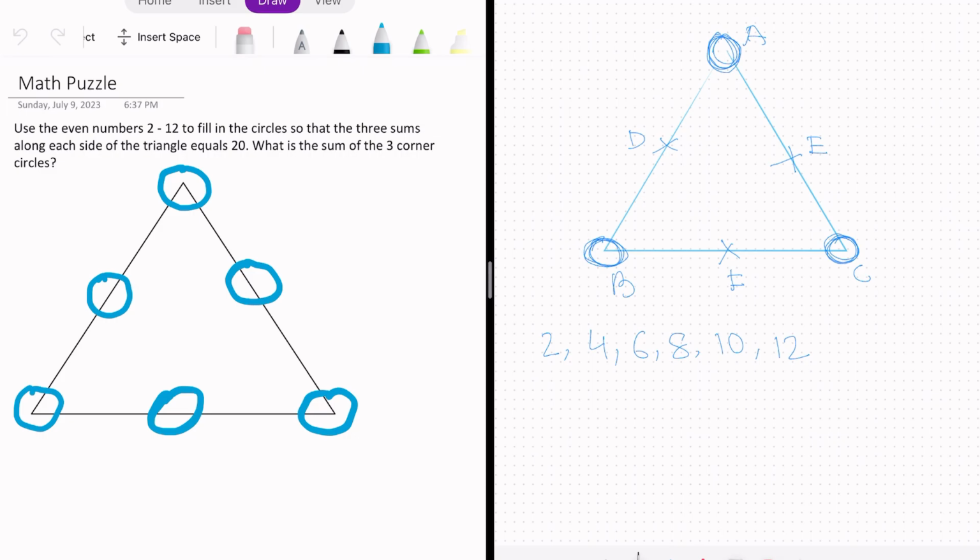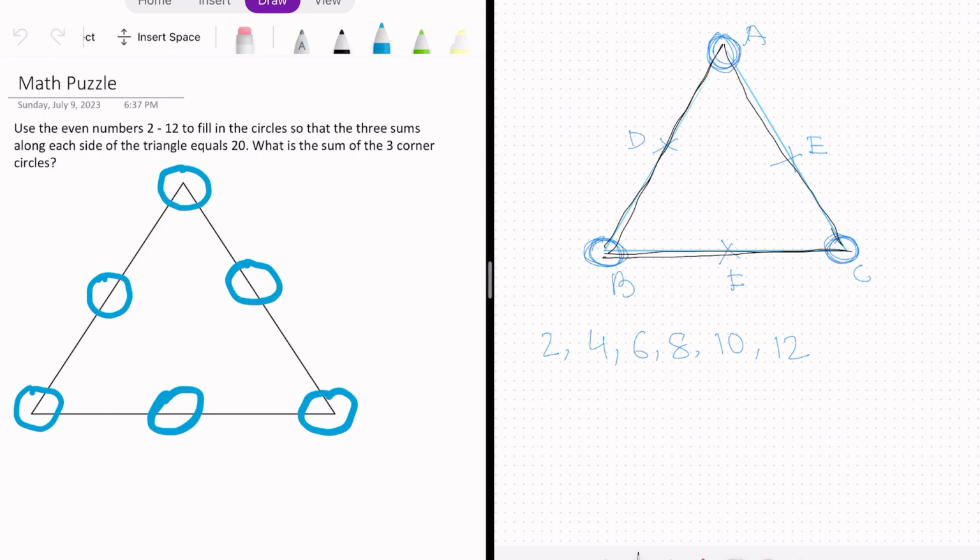One of the clues is that the three sums along each side equal 20. So if I take one of the sides here, this should add up to 20. Or if I take one of these sides, B and A, it should add up to 20. And if I take sides A and C, it should add up to 20.